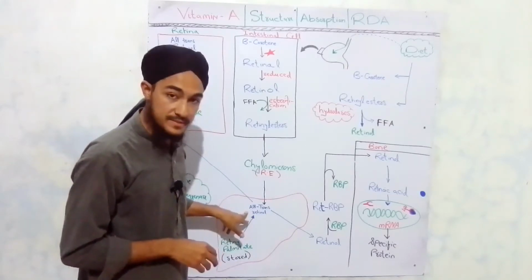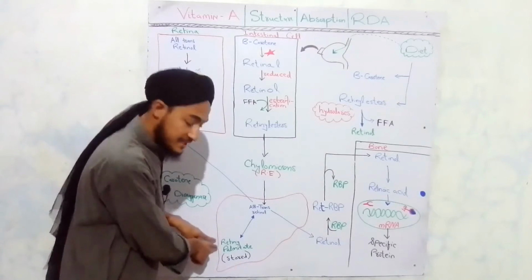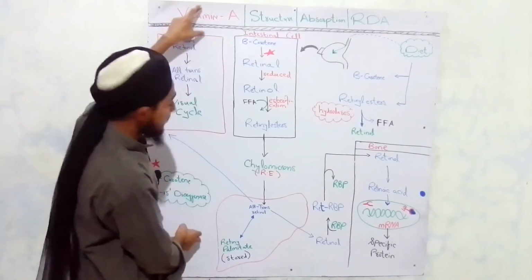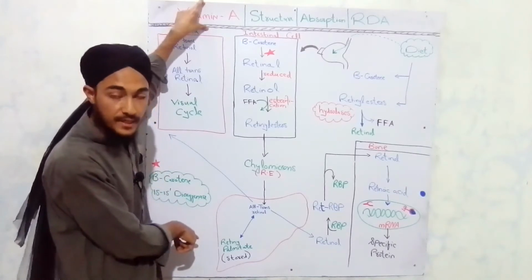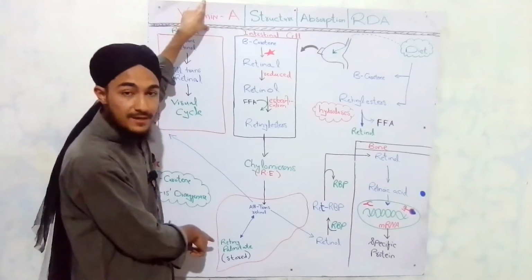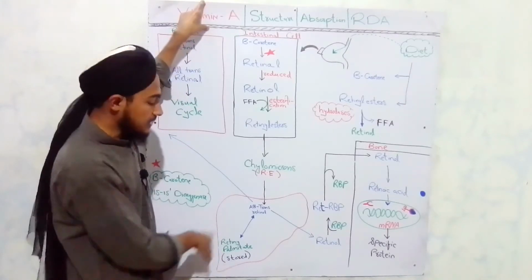So this all trans retinol in the liver hepatocytes will be stored in the form of retinyl palmitate. It means that the storage form of vitamin A is retinyl palmitate, and vitamin A is stored primarily in our liver.